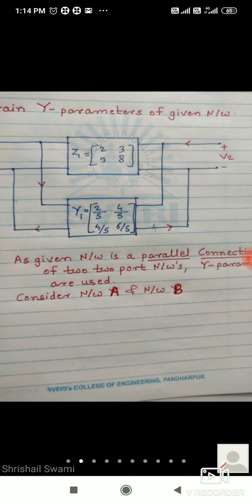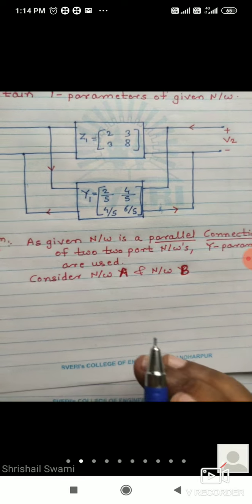So how to find out now the Y parameters?